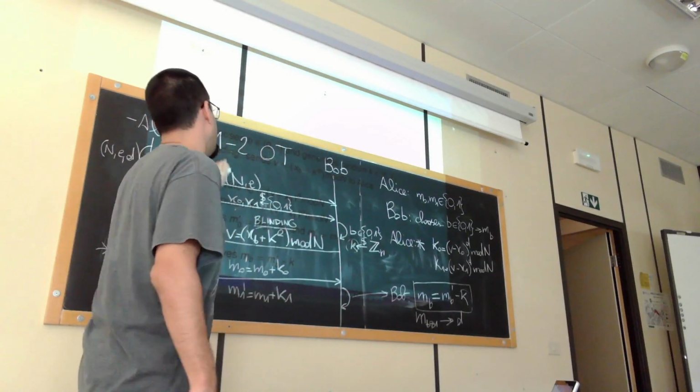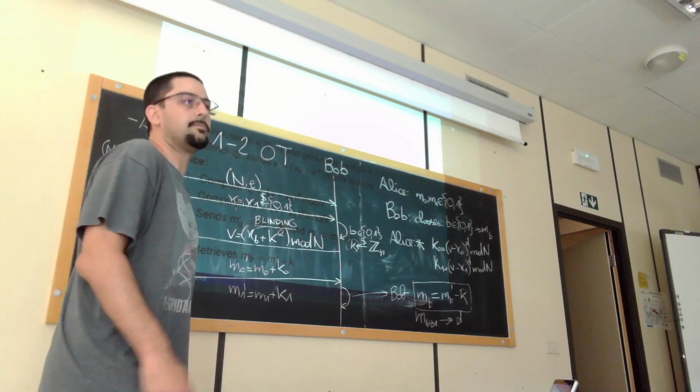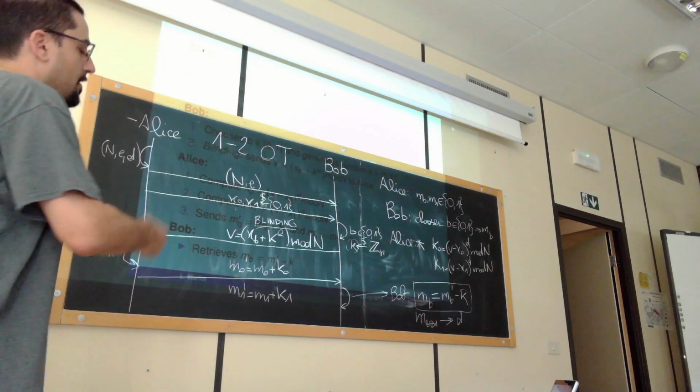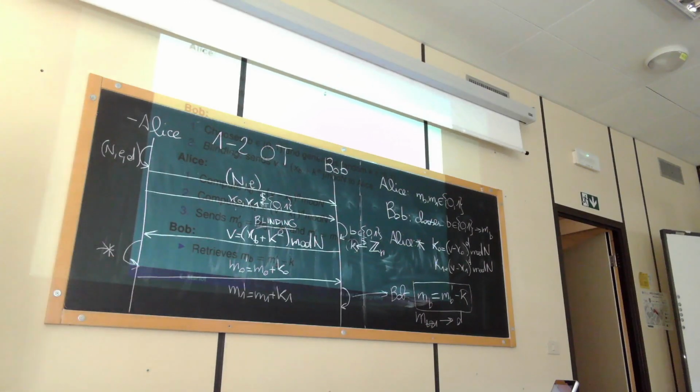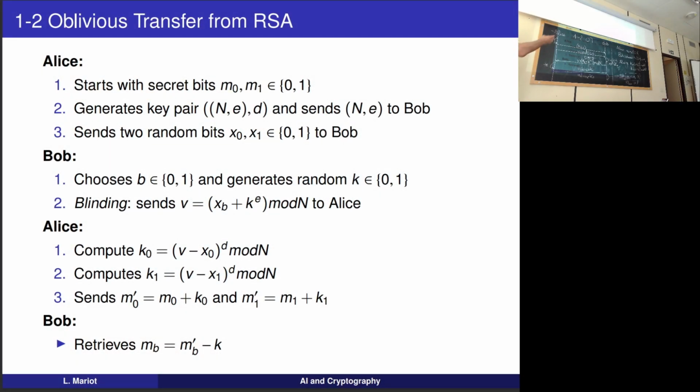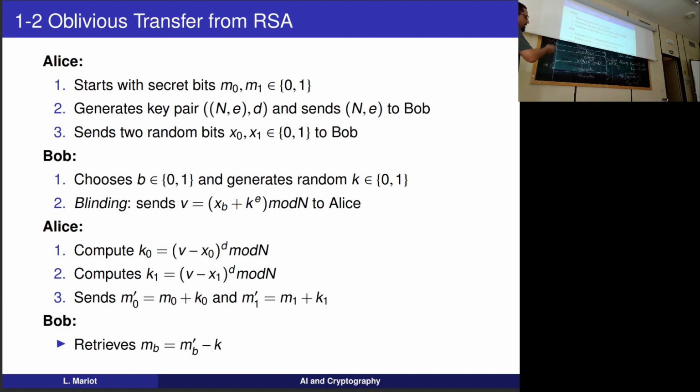You can have in general 1 out of n oblivious transfer protocols and then k out of n oblivious transfer. We are not going to look into all the details. And here on the slide, you can see the textual description of this protocol.